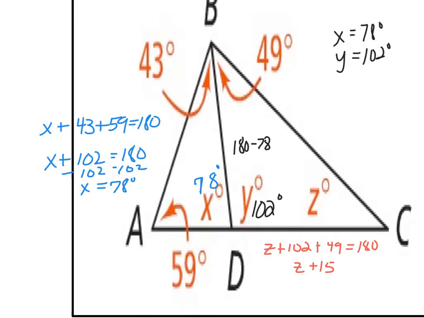So z plus 151 equals 180. To solve for z, I subtract 151, and that means z is going to be 29 degrees. So on these types of problems, you're using a combination of the Triangle Angle Sum Theorem and linear pairs as well.